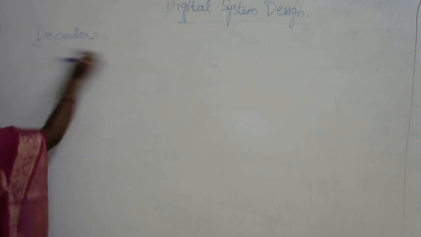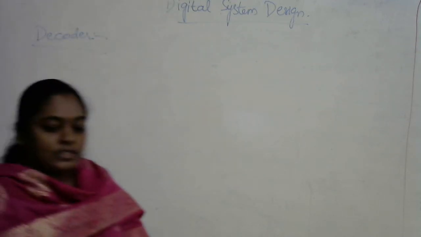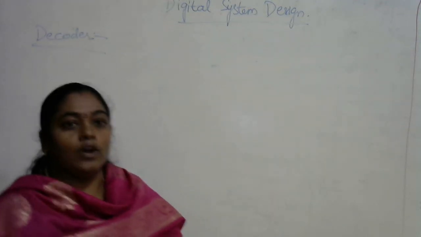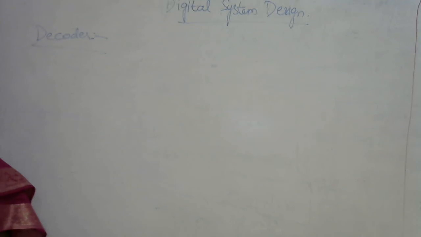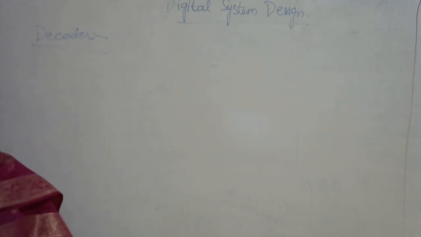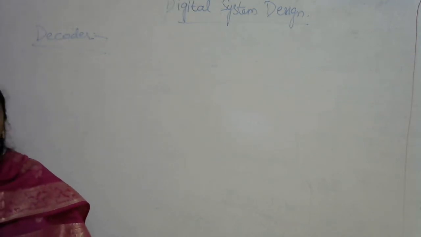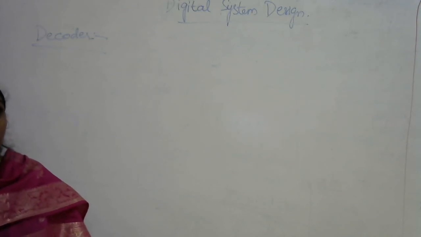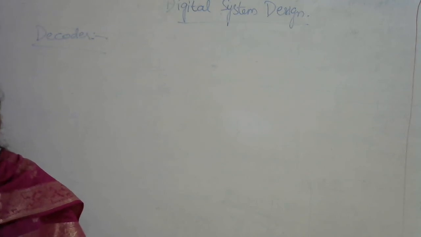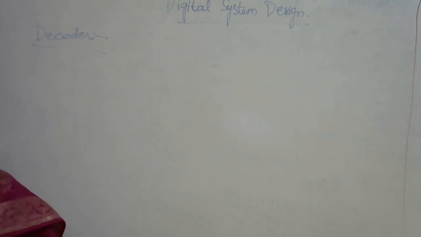If you remember, in the last session we discussed the encoder, which consists of 2 power n inputs followed by n outputs. A decoder is the reverse process of an encoding operation, used to decode our signals at the receiver side.